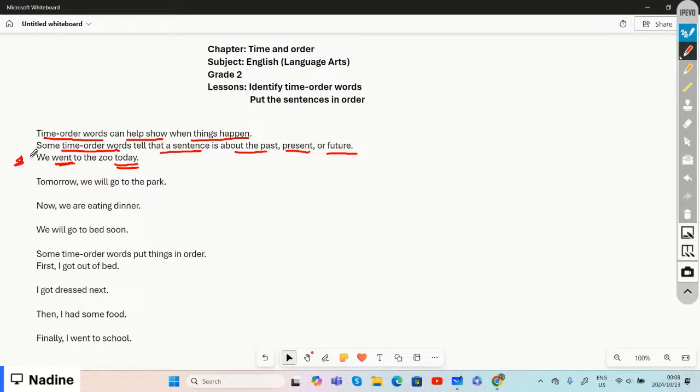When this is happening, that is tomorrow. Can you see the first sentence we're talking about today? Now, if you're talking about the future, we say tomorrow. We say later on. Now we are eating dinner. And now refers to the present tense. And then we will go to bed soon.